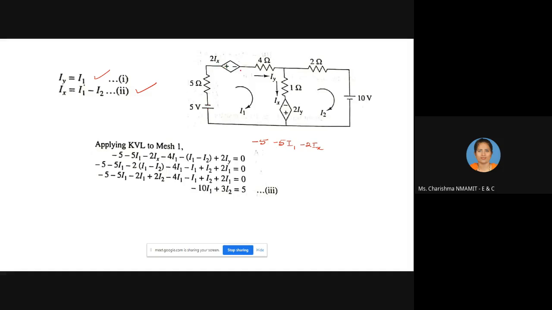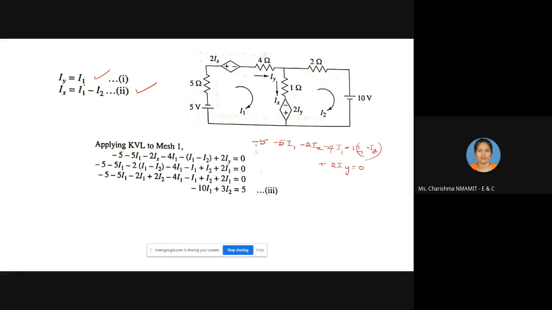Now what is this? This is a voltage source. Whatever may be the value, this is a voltage source, right? So plus to minus, what is the value of the voltage source? It is nothing but 2Ix. So you write it as minus 2Ix minus 4 into I1, minus 1 into I1 minus I2, minus to plus 2 Iy equal to 0.